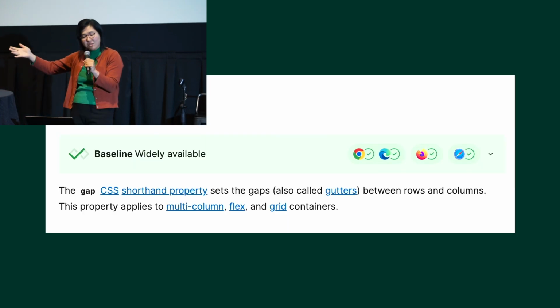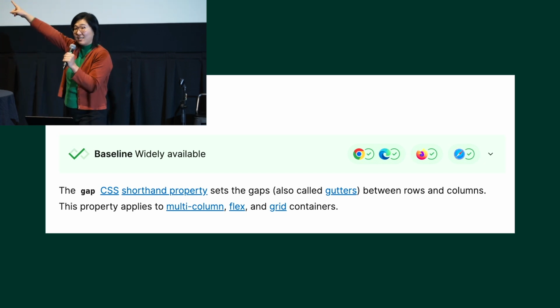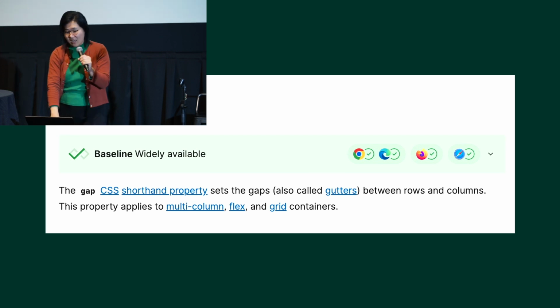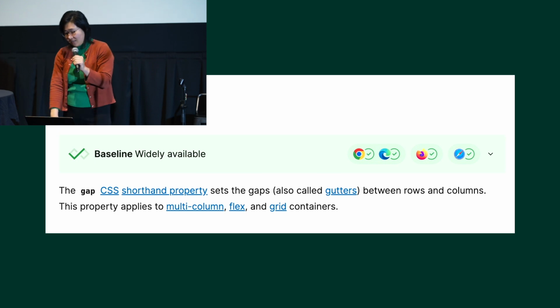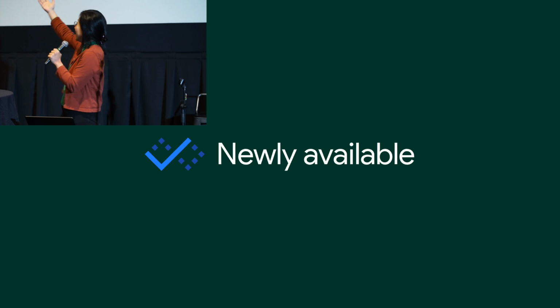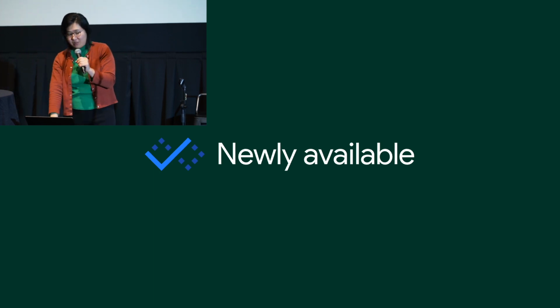You might have seen the logo show up on things like MDN. Have you seen these green or blue widgets in MDN or Can I Use recently? Some of you? Yeah. There are different levels of Baseline, so let me take a moment to explain. Baseline newly available, represented by a blue check mark with a partial line, is a point of interoperability.